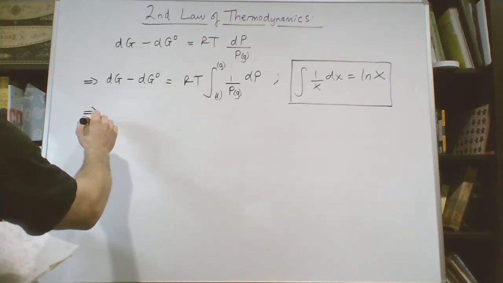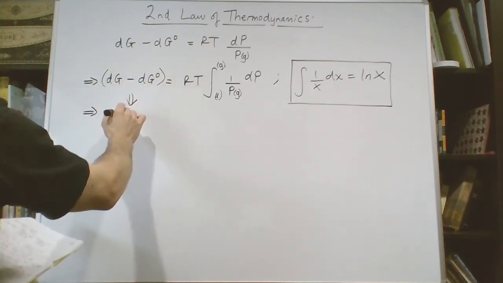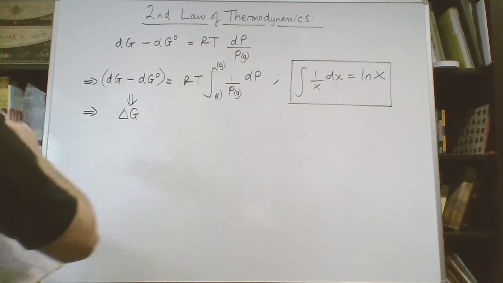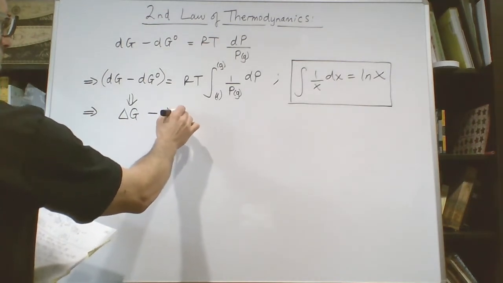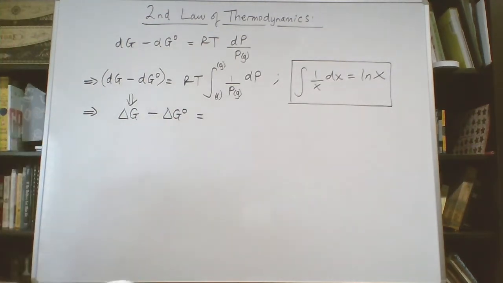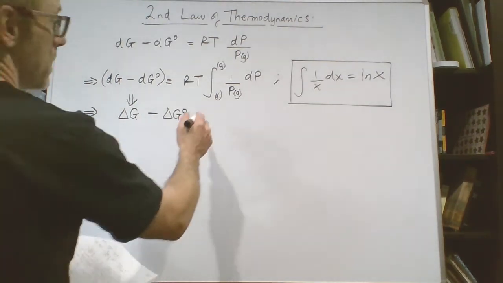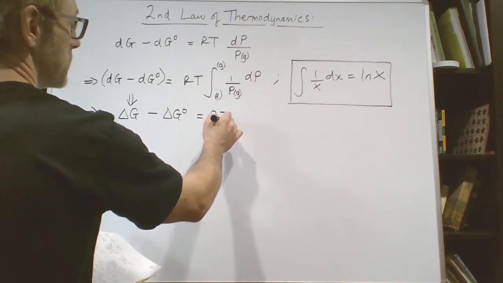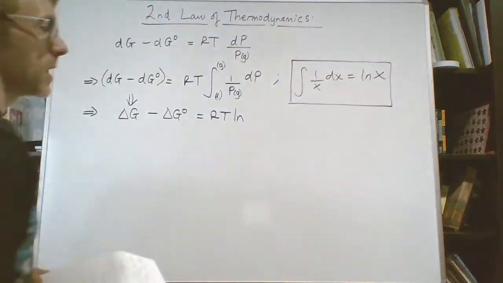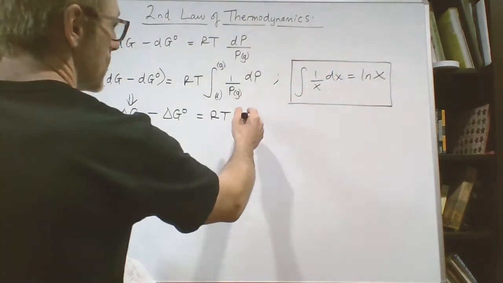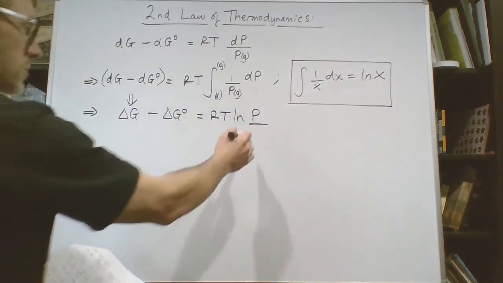So this implies that this expression here, which we're just going to write as delta G minus delta G standard, at least we're going to make it look like it would appear in a typical textbook, is equal to RT log, because of this aside in the box here, and then it's going to be P over P standard.